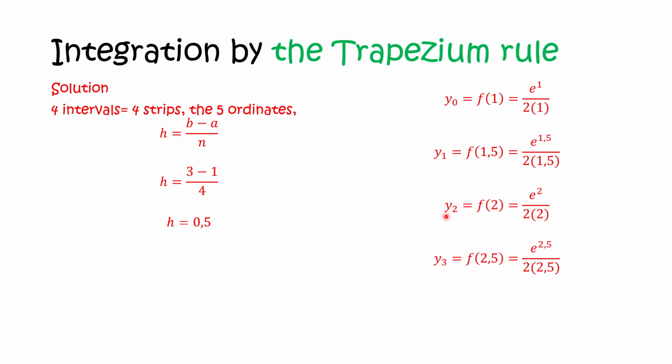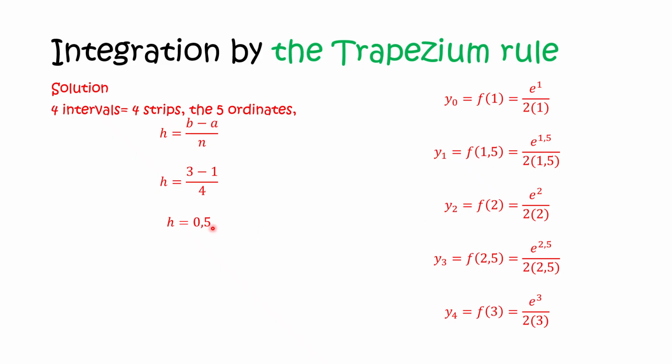This implies that for our y2, we are going to add 0.5 to our x1 value so that we have f of 2. So where we have x in the function, we just substitute with the 2. Then for y3, we add also 0.5 to the previous x so that we get 2.5.